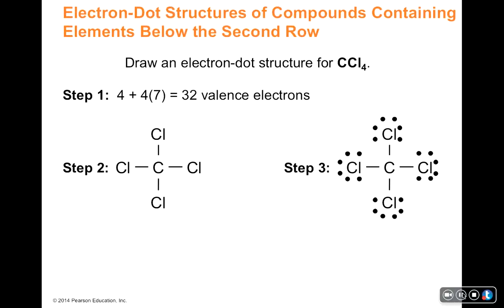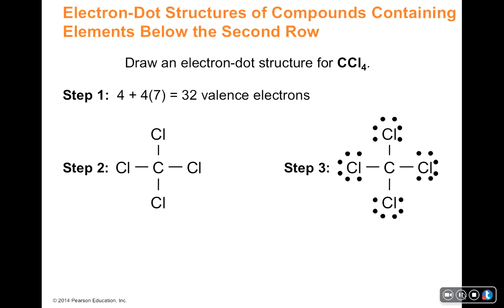Okay, step 2 is sort of arranging the atoms. So again, the carbon goes in the middle. It likes to be in 4 bonds, so bond it with each of those 4 chlorine atoms. At this point, you have 2, 4, 6, 8 electrons used. Step 3 is then putting electrons around the terminal atoms if you have electrons left, and you do.